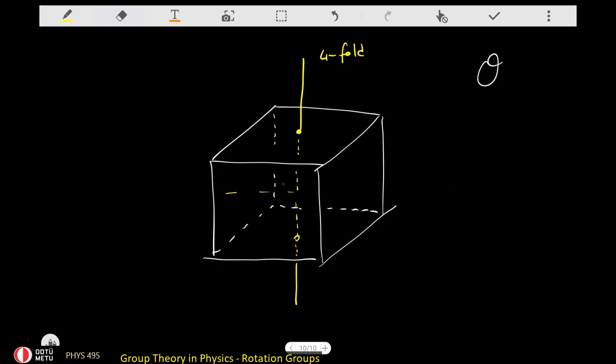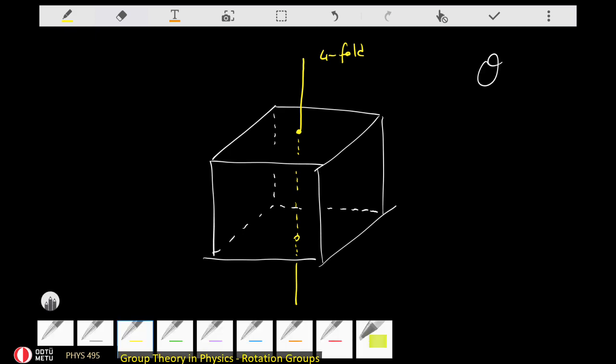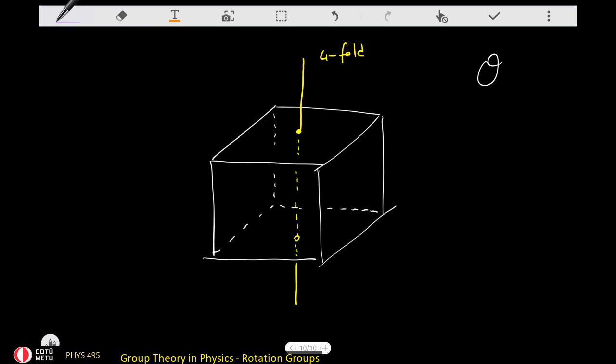Surprisingly, I find it very surprising that this shape also has a threefold axis. So basically, you just think about a body diagonal. You just take one of the corners, one of the vertices of the cube. You can see that there's actually one special corner in here which is diametrically opposite to that corner.